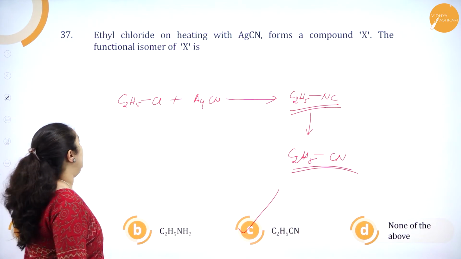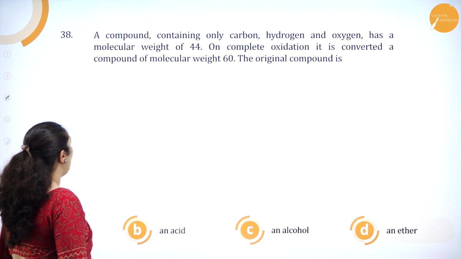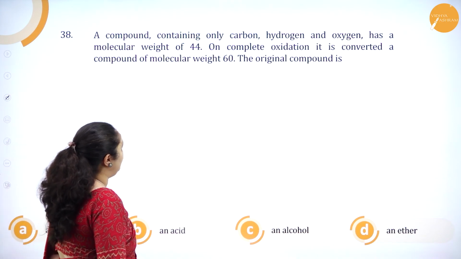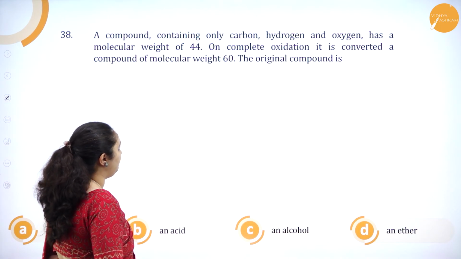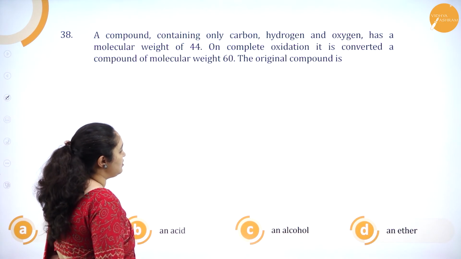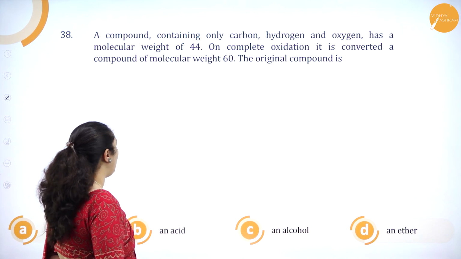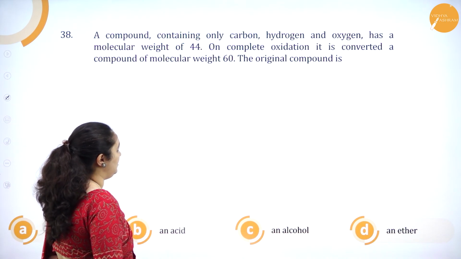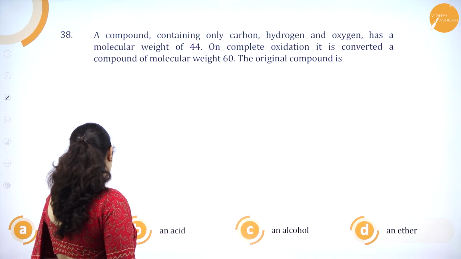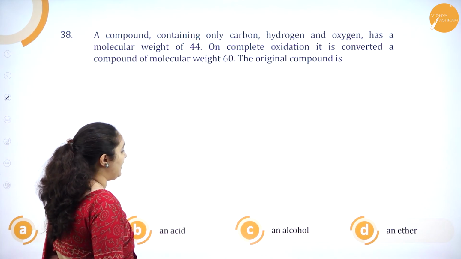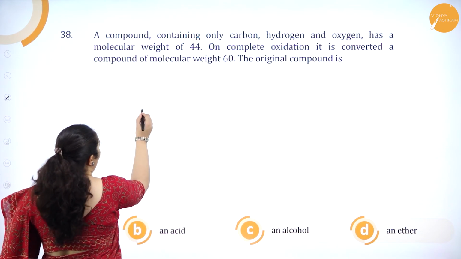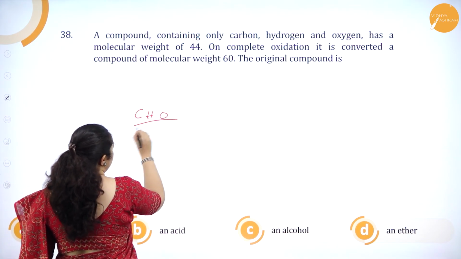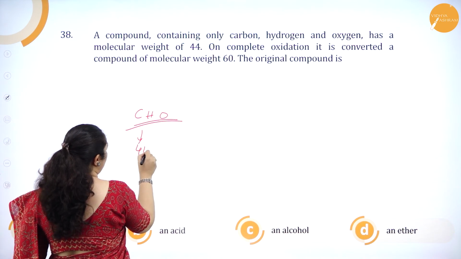Got it? Next question. A compound containing only carbon, hydrogen and oxygen has a molecular weight of 44. On complete oxidation, it is converted to a compound with molecular weight 60. The original compound is an aldehyde, an acid, an alcohol, an ether. So here, see, carbon, hydrogen, oxygen is present and the molecular mass is 44.